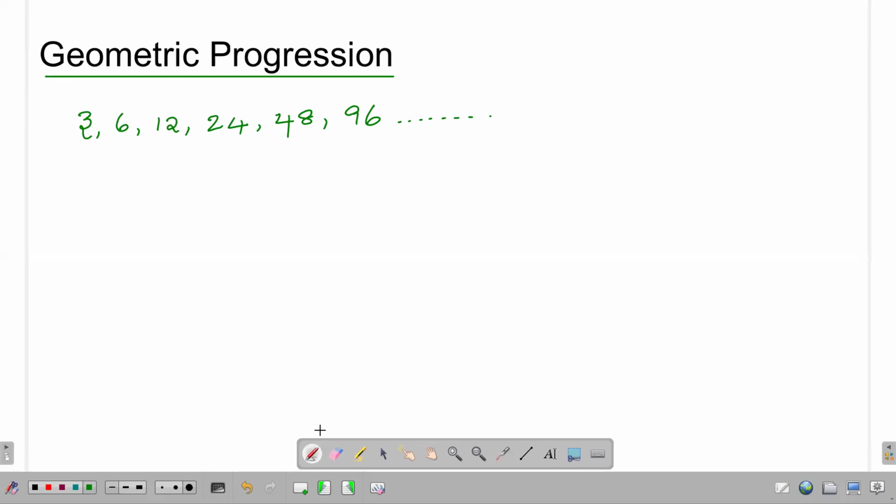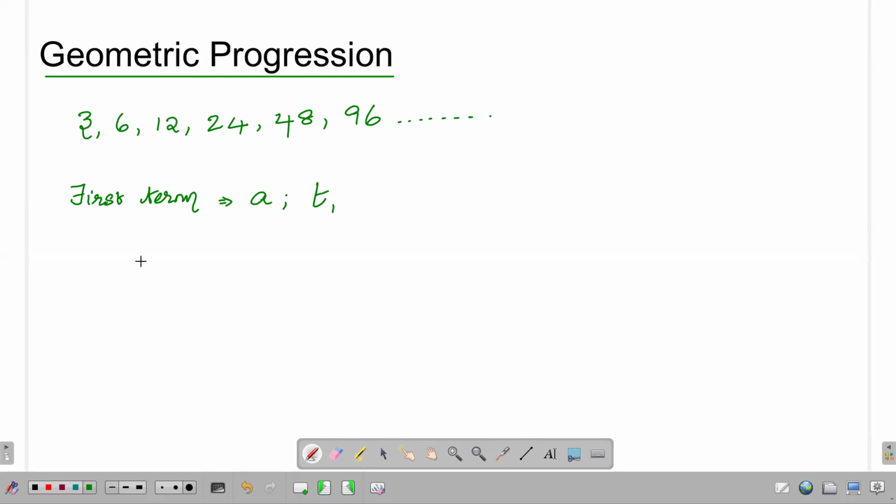You have to consider that here, the first term, make a note of it. The first term in geometric progression also is represented using the small letter a, or sometimes it is even represented as T1.